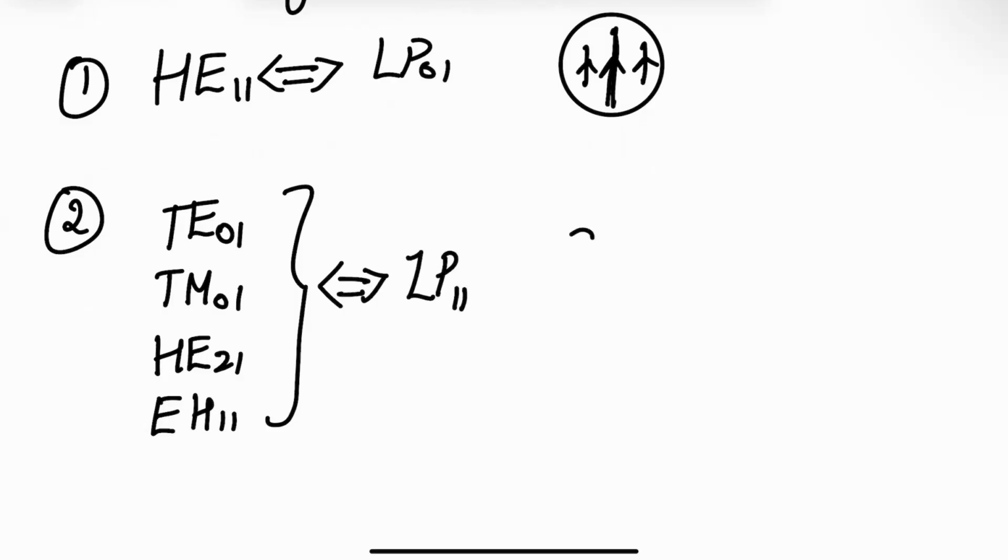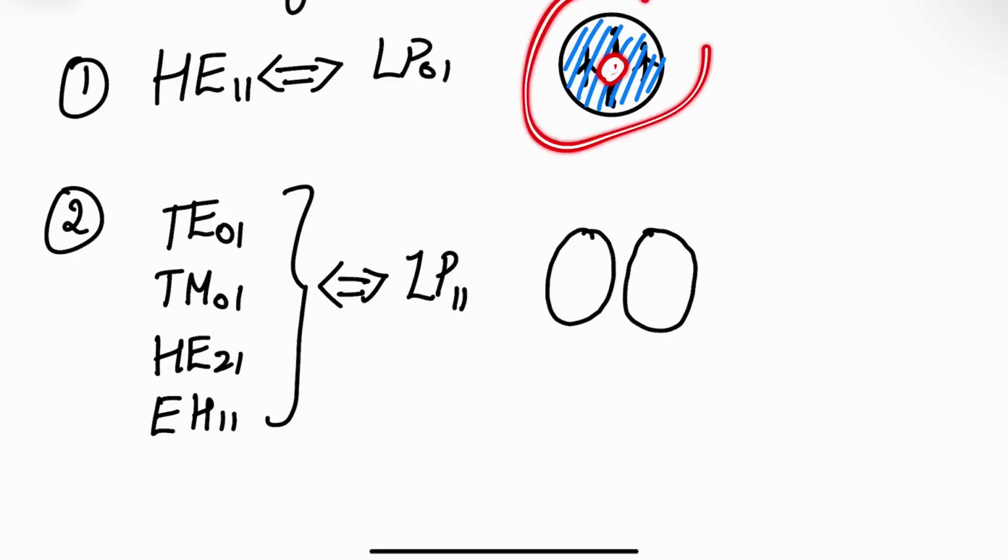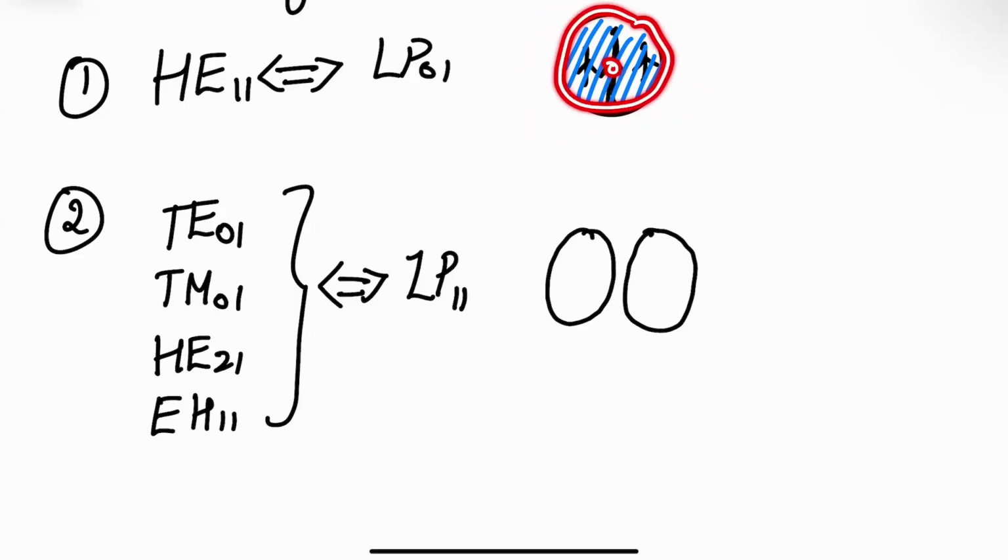So LP11 looks something like this. It's kind of uniform like that. Maybe the core is somewhere here and the cladding is somewhere there, so the core is in the middle.